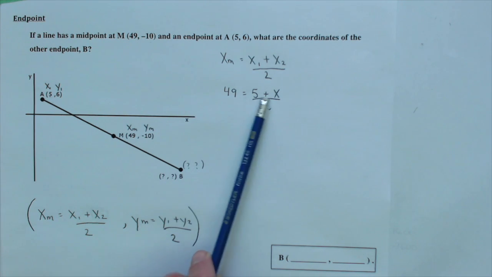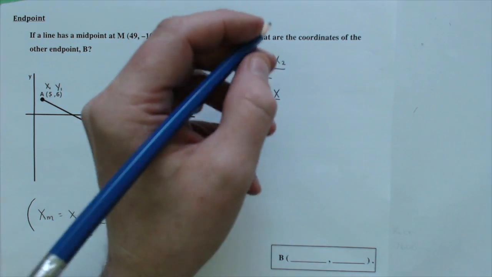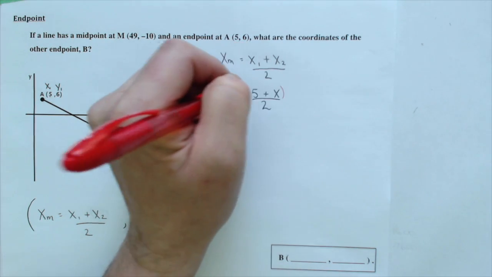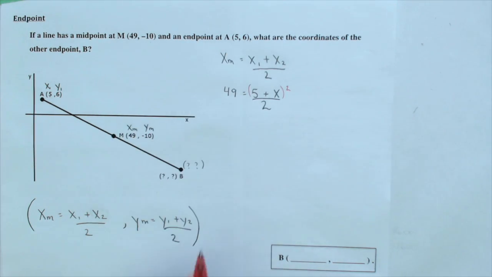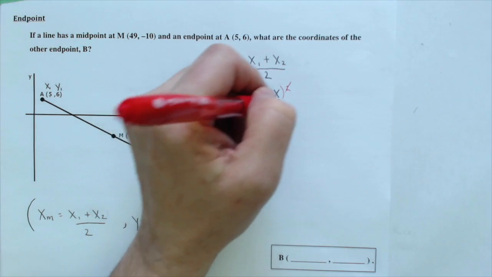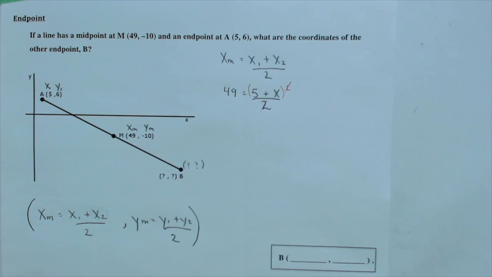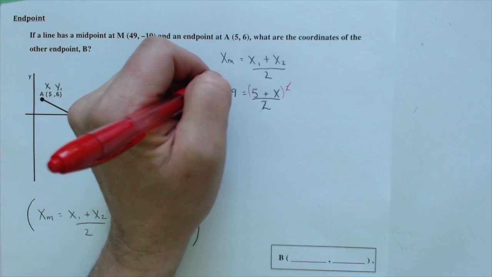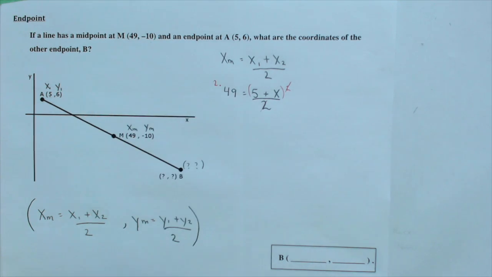It's a fraction, it's being divided, and the way to get rid of a division is to multiply. So what I'm actually going to do here, and I'll show this in red just to make it pop, is I'm going to take that whole thing and multiply it by 2. The only reason I'm multiplying that by 2 is to cancel it out. But whatever I do to one side of an equation, I must do to the other side of the equation. So I'm multiplying that 2 over there.